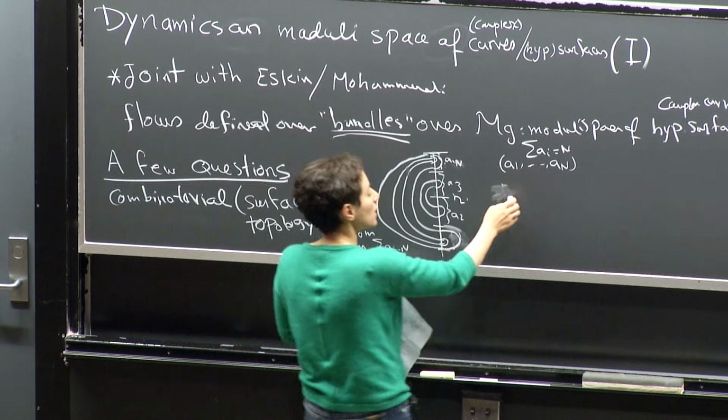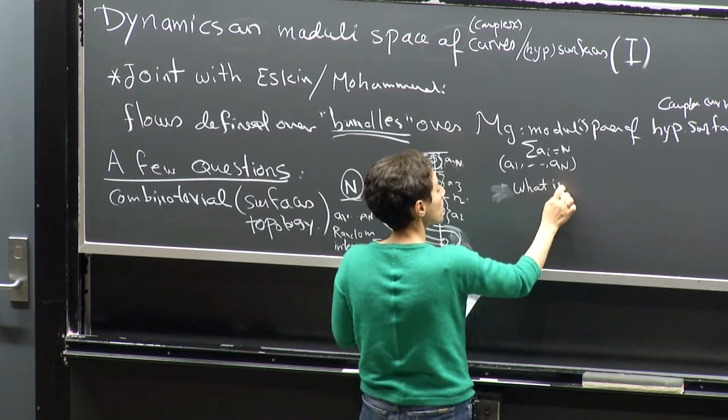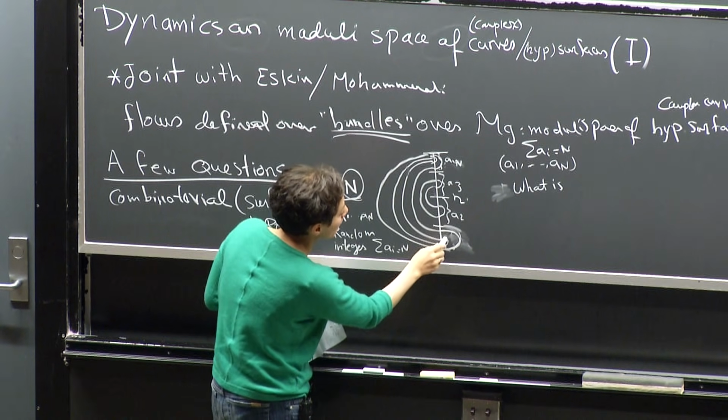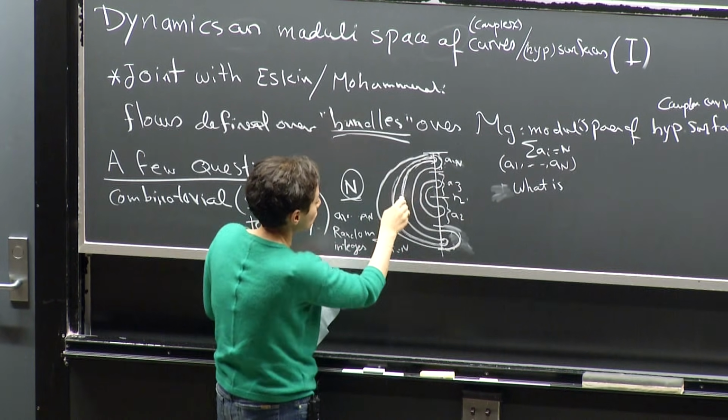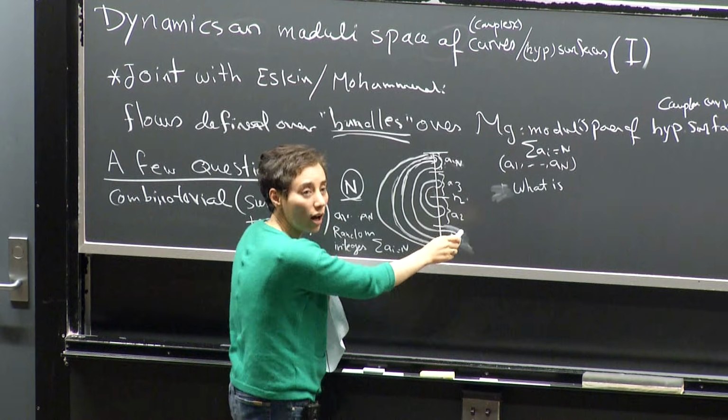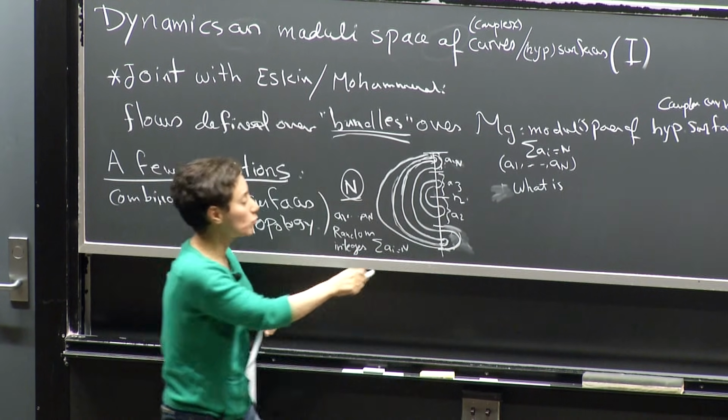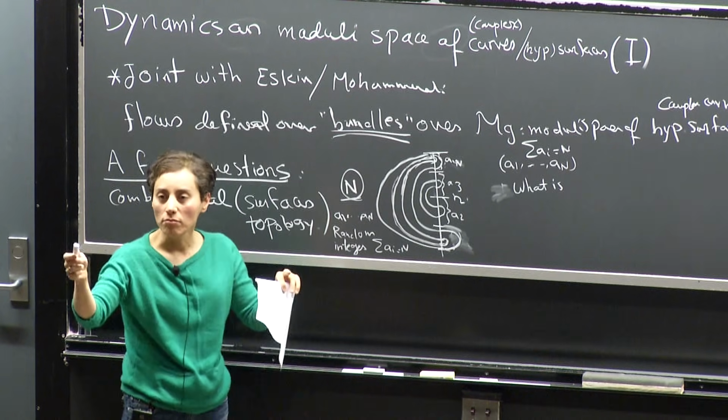And the question is, what is the probability? You can start and go around. At some point you will come back to the same place, but it could cover the whole thing, or this could be just a connected cycle.